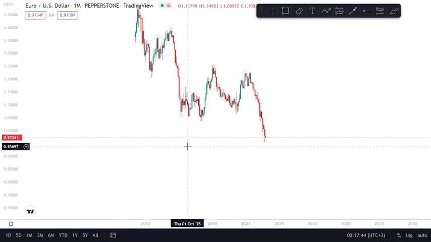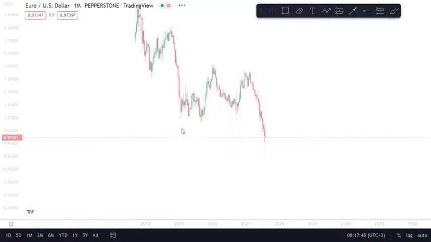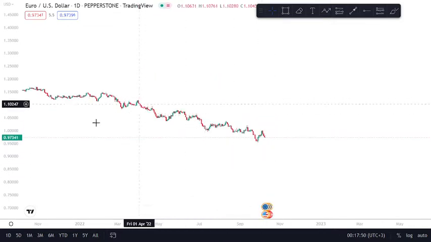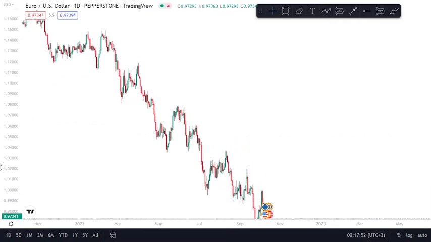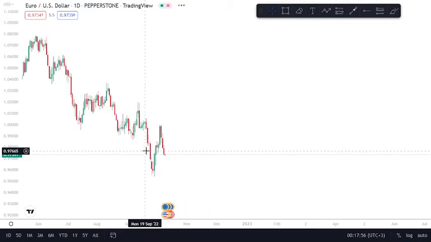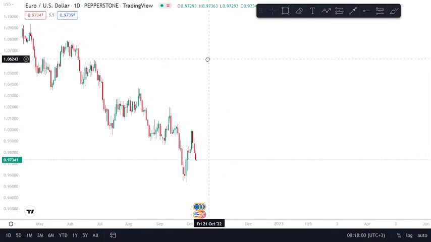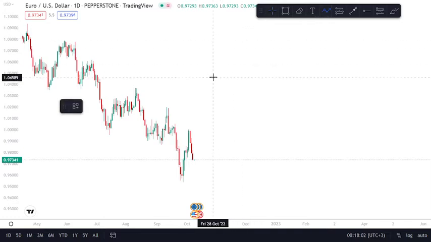So what do we do now? Let's say we go to the daily time frame, so that we can see the fractal nature of the forex. So using the same strategy now, if the market is in a downtrend, we just use the same concept.